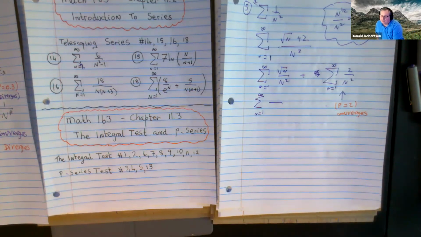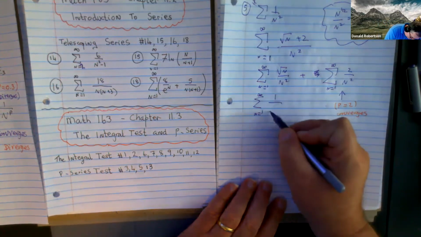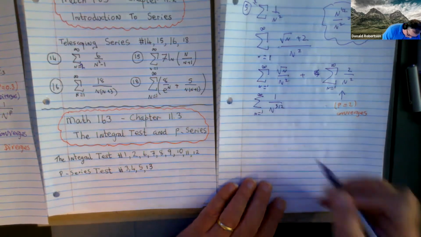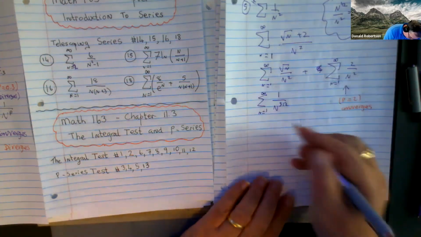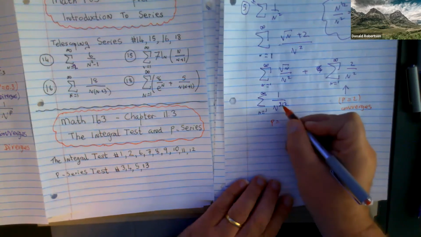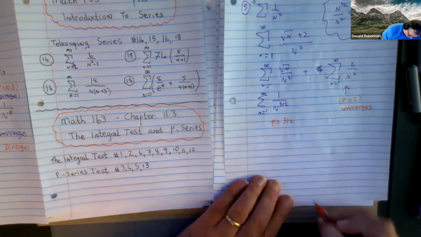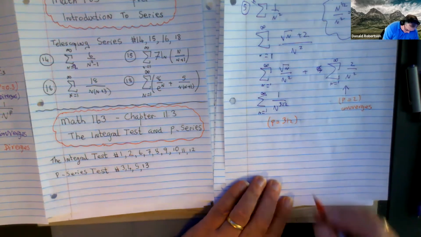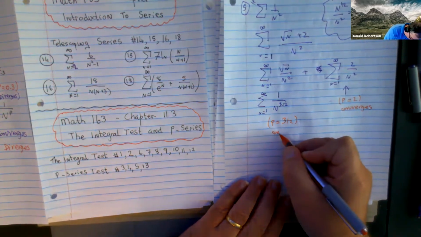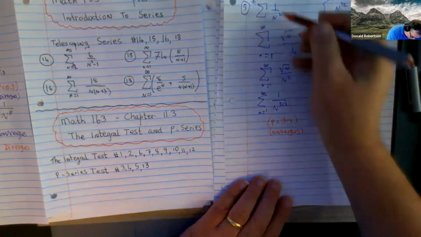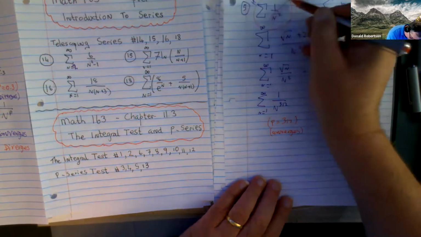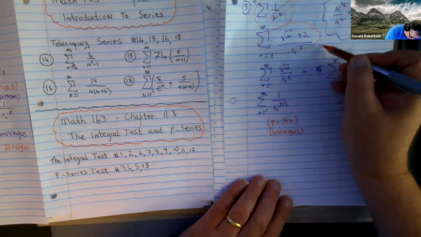Take half away from this 2 and you get 3 halves left. So that guy is him. And now I can see a p-series. And this has a power of 3 halves, and that's bigger than 1, so this also converges. And so the entire series converges.